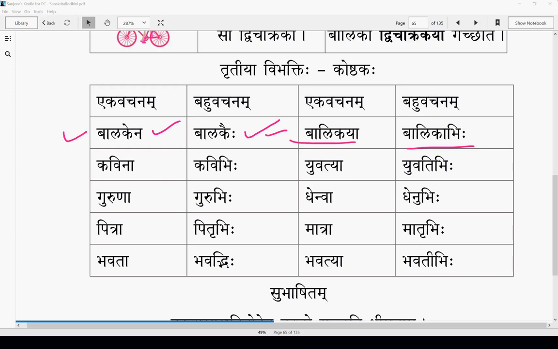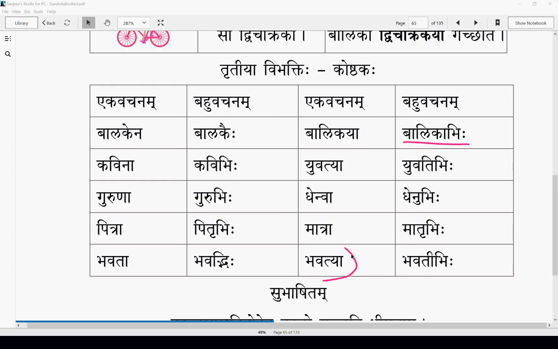Dichakrika, suppose that is a Strilingam. Dichakrikaya is Ekavachanam. So what is the Bahuvachanam? Dichakrikabhihi. And for Dirgha Ikaranta Strilingam, Lekhanya was given here.